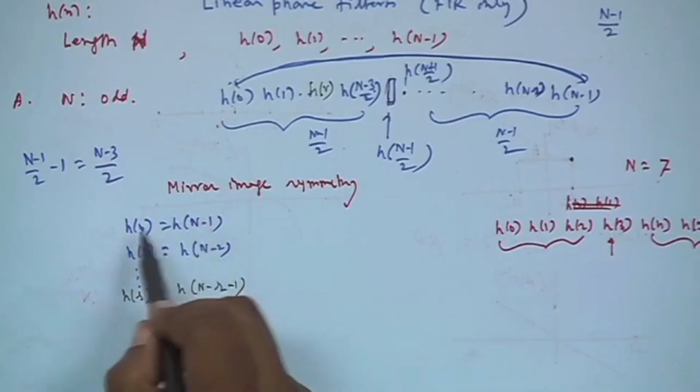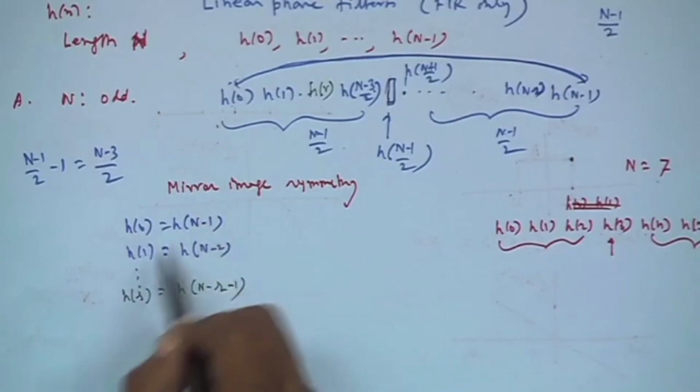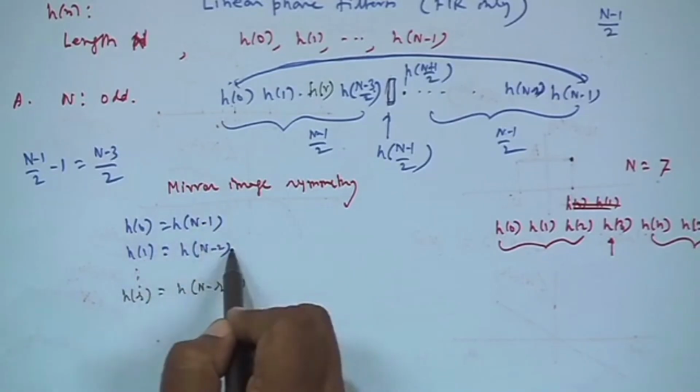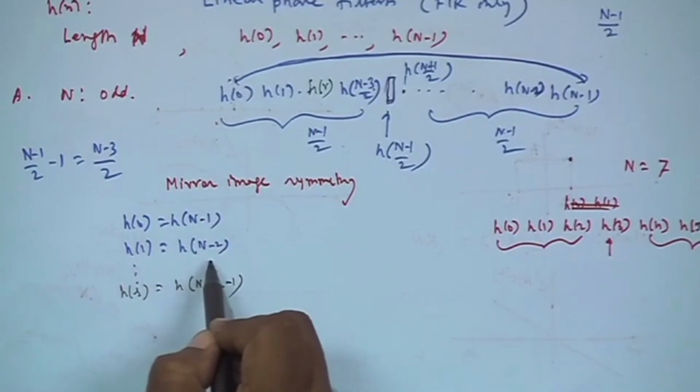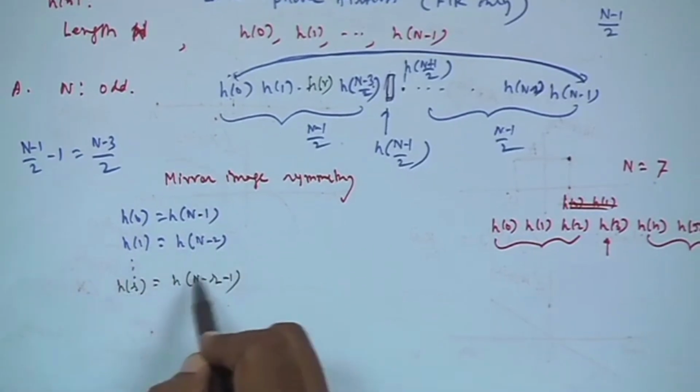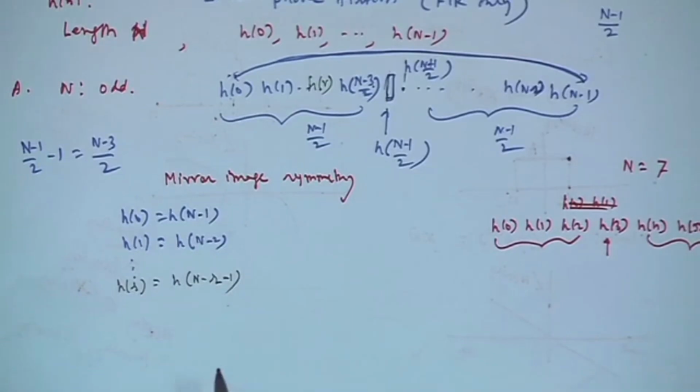So, 0 and n minus 1 minus 0, 1 and n minus 1 minus 1, that is n minus 2, 2 it will be H n minus 3, that is n minus 1 minus 2, or n minus 1 minus r.